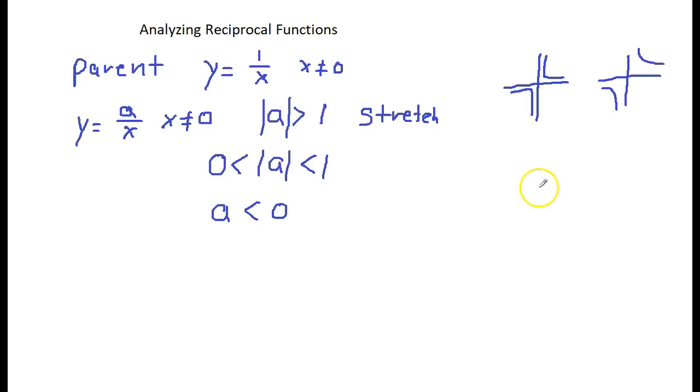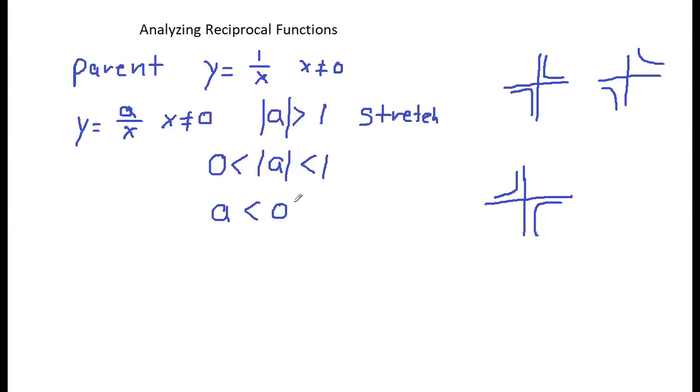Well, it makes it a reflection in like the line y equals x. So instead of it going this way, it goes this way. That's what happens when your a is negative.